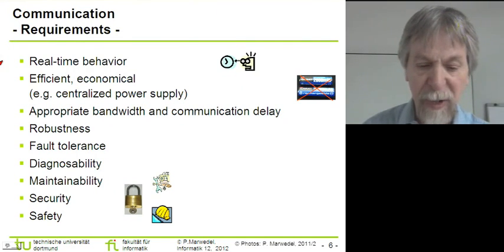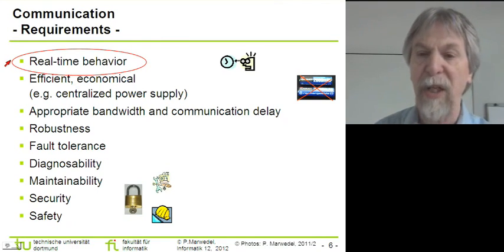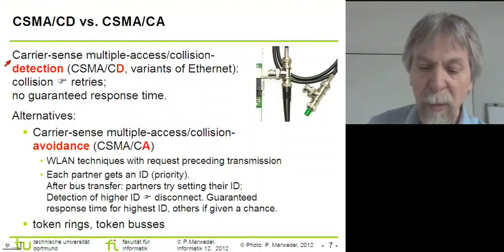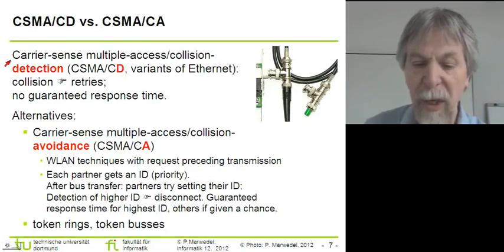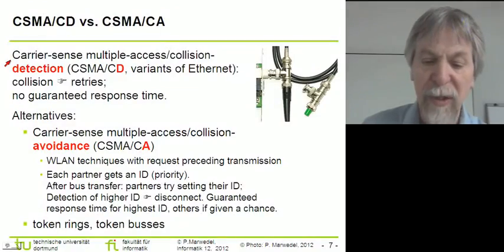The second example being the need to guarantee a real-time behavior of communication. With respect to real-time behavior, we can have a look at one of the standard techniques that is used for communicating between different computers.